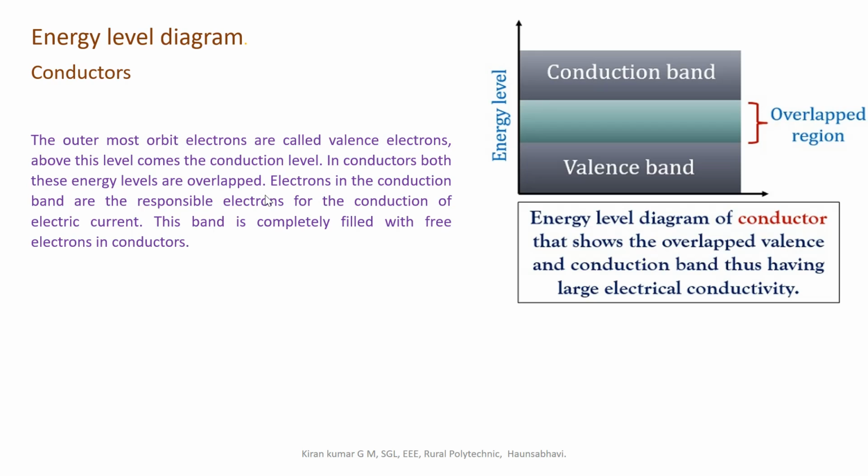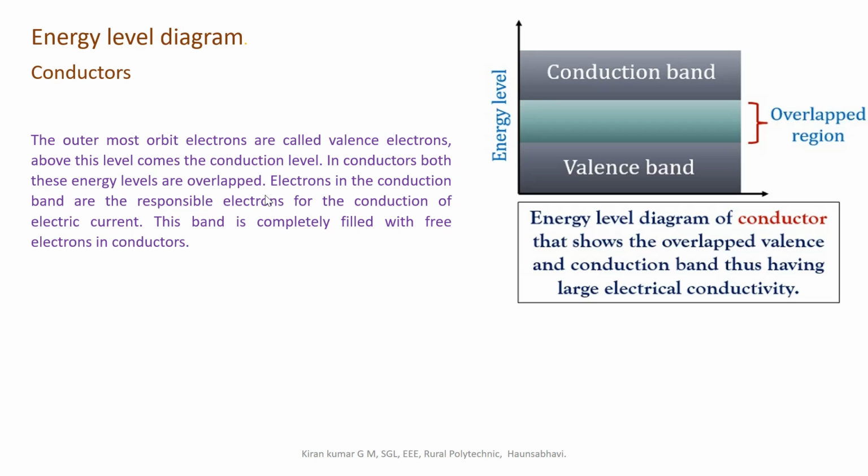The first orbit electrons have the smaller amount of energy and are tightly bonded with the nucleus. That is represented by a simple band, and next to that is the second orbit electron energy, which has a little bit higher energy than the first orbit electrons and they are quite loosely bonded with the central nucleus.